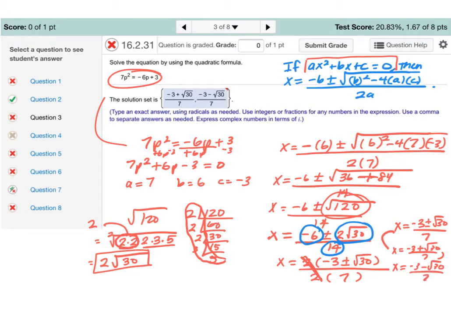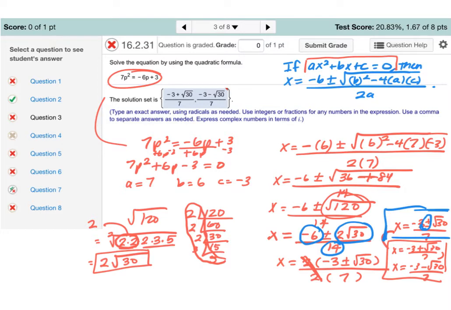So either solution will be correct. If you choose to do the first solution, make sure you look for the plus or minus symbol so that you can express that it does have two solutions.